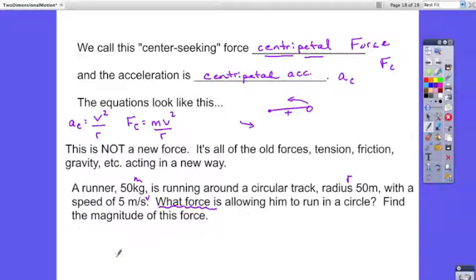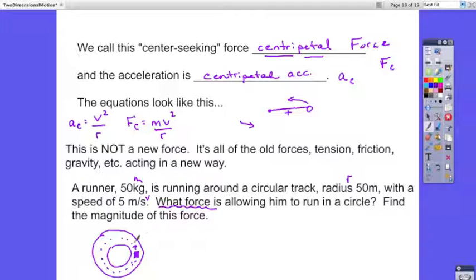Well, think about what's happening to his feet. It's the friction with the road that is acting on him. He's pushing outward and the frictional force is pushing inward. Think about a car. It might be a little bit easier to see. If you're on a circular track in a car and you're right here and you're moving this way, and your car goes around this track and you get back to here.